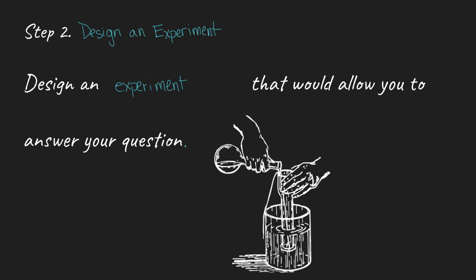So for the example of the paper airplane, a possible experiment that I could design would be to make an airplane with wide wings and to make a paper airplane with narrow wings, throw each of them in as close to the exact same way as possible so that the test is fair, and measure how far they fly in the air. If I did that test multiple times and looked at how far they flew, I could probably answer that question by doing that experiment, and you, in fact, will be doing that experiment.